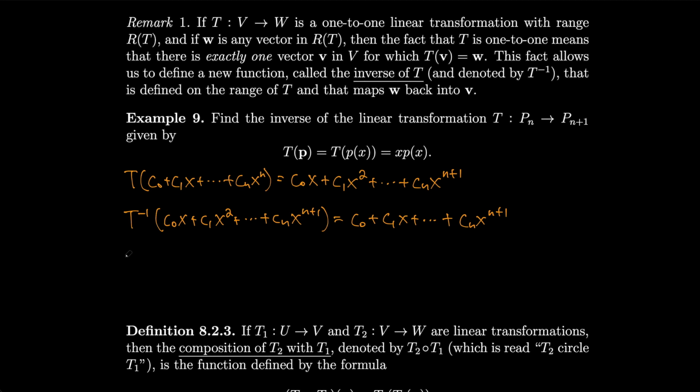As an example of what this does, look at T inverse of, let's say, 2x minus x squared plus 5x cubed plus 3x to the fourth. Then you drop the x and you just get 2 minus x plus 5x squared plus 3x cubed. Everything just goes down by 1 power.